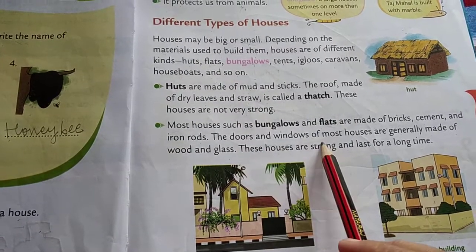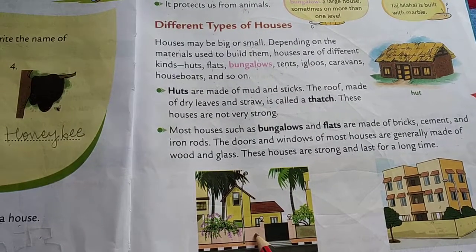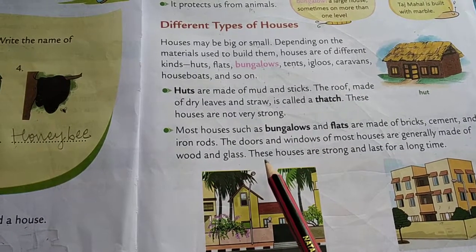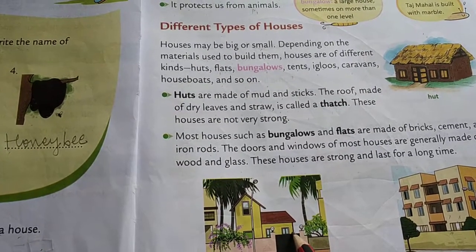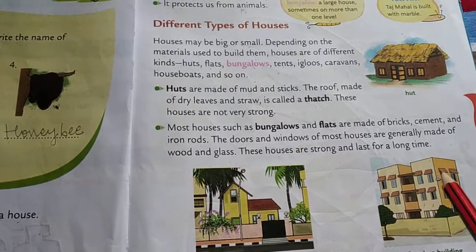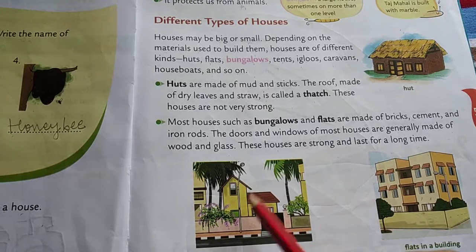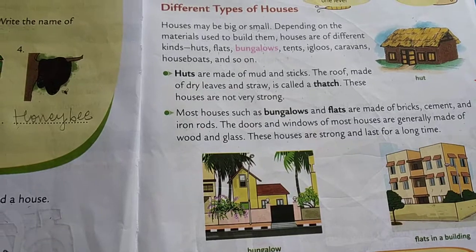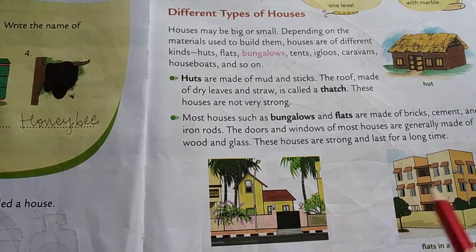The doors and windows of most houses are generally made of wood and glass. So these houses are strong and last for a long time. Correct? If there is heavy rain, the hut will fall, but bungalows and flats will not collapse. They do not fall even after heavy rain.